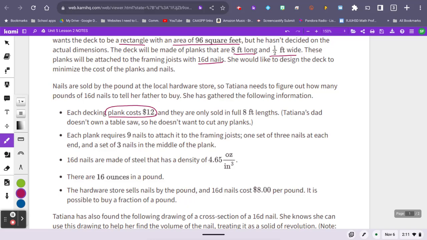Each plank requires 9 nails to attach: one set of 3 at each end and a set of 3 in the middle. Now the density of the nails is 4.65 ounces per inch cubed. There are 16 ounces in a pound, and they sell it for $8 a pound.